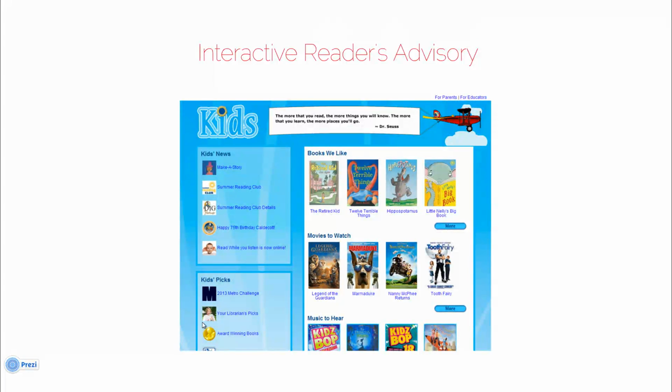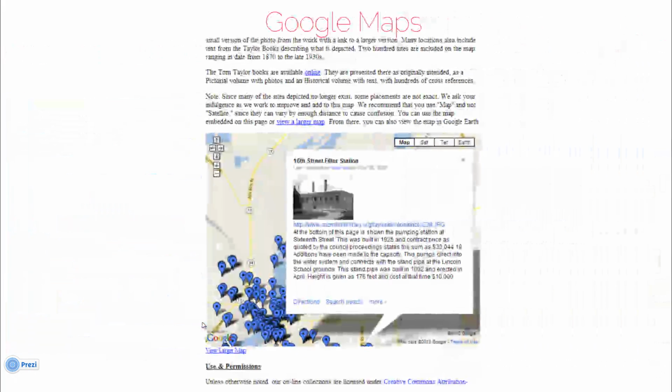So it's really easily browsable, and again, it's a visual sort of interface. So that's another example of a different take on Reader's Advisory through the web.